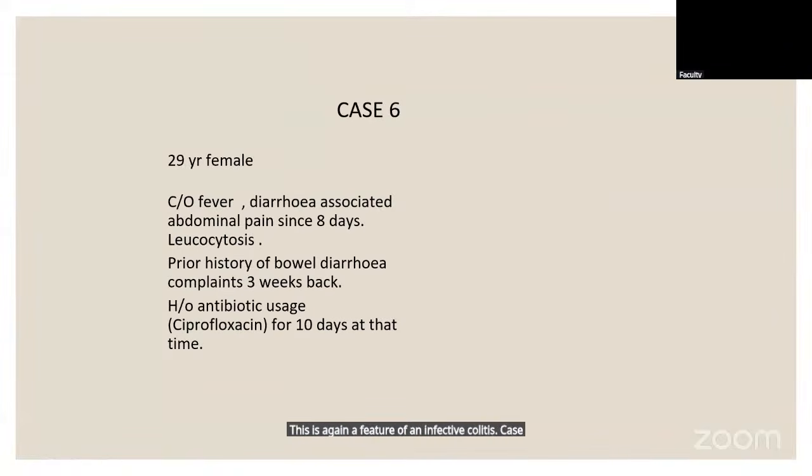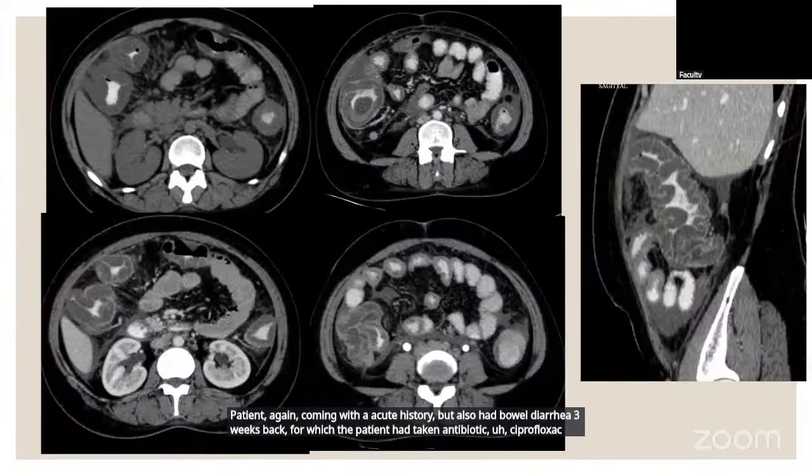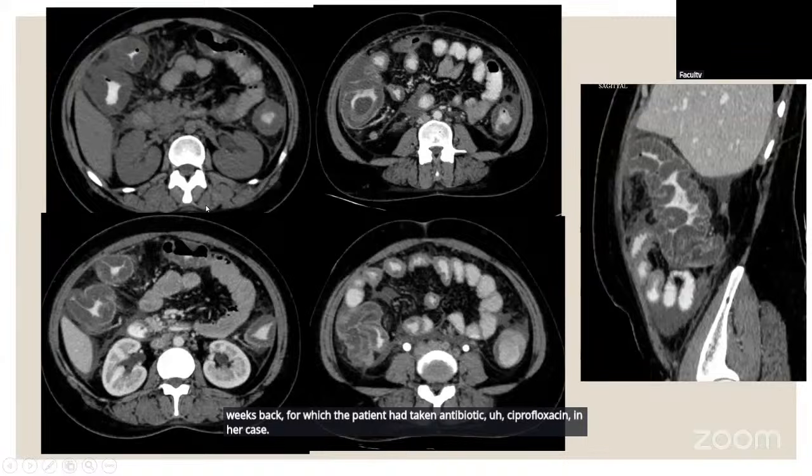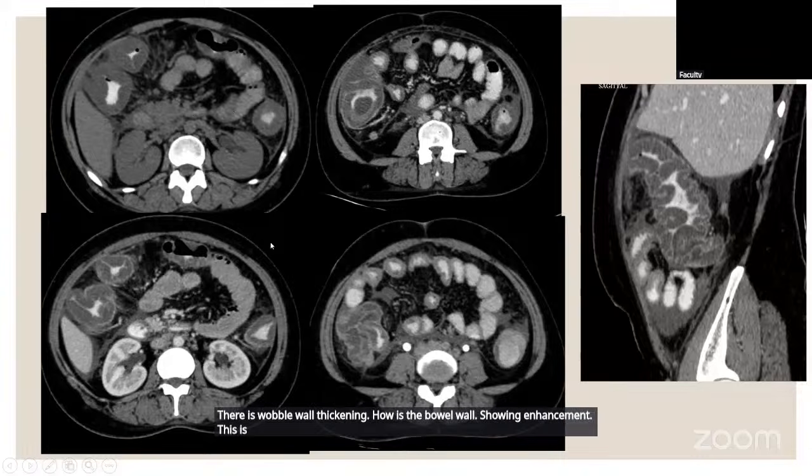Case number 6, patient again coming with an acute history, but also had diarrhea 3 weeks back, for which the patient had taken antibiotic ciprofloxacin. There is bowel wall thickening. How is the bowel wall showing enhancement? This is a plain cut. These are post-contrast cuts. This is the delayed cut.